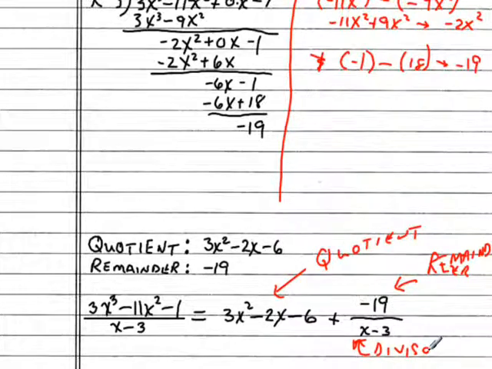So that's another way that we may sometimes be asked to leave an answer, rather than just writing the quotient and remainder, rewriting the result in this fashion.